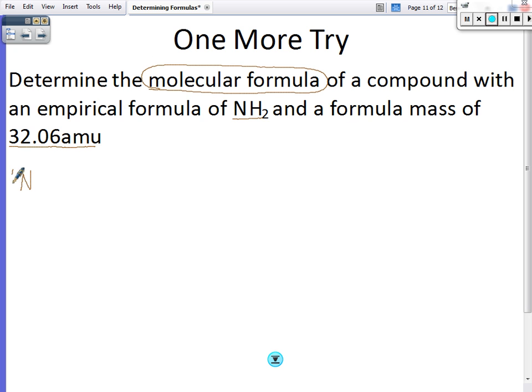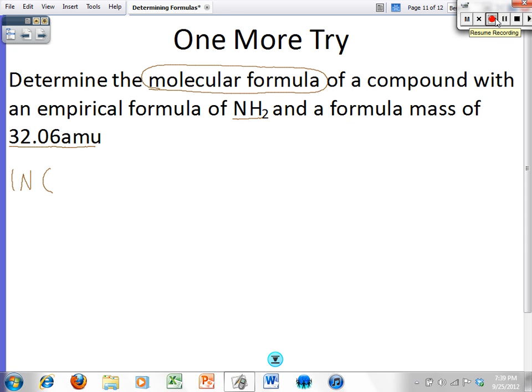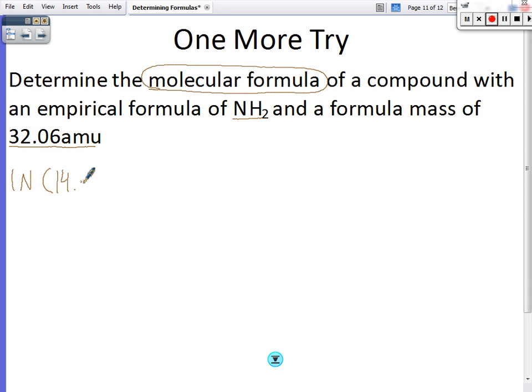Alright? I have nitrogen, 1, and I multiply that by the AMU of nitrogen, which is 14.01 AMU. Well, 1 times 14.01 gives me 14.01 AMU.